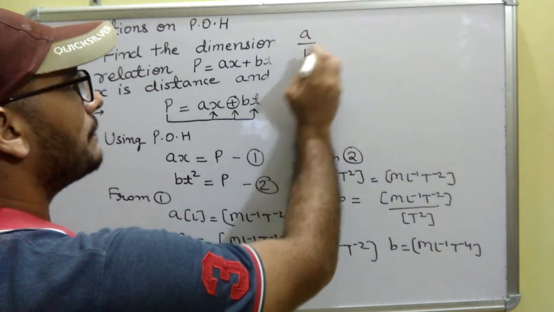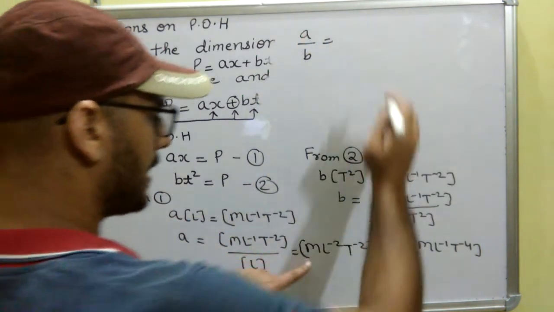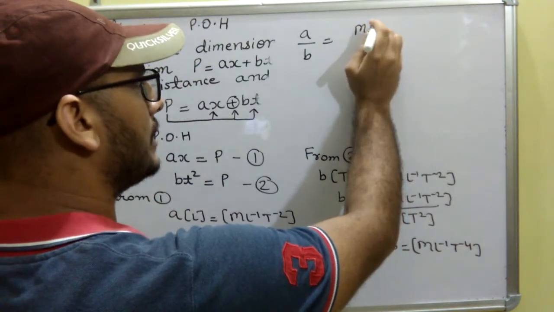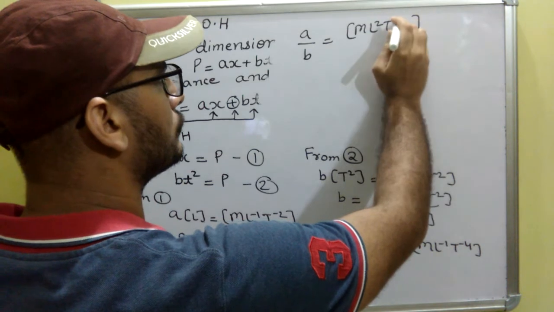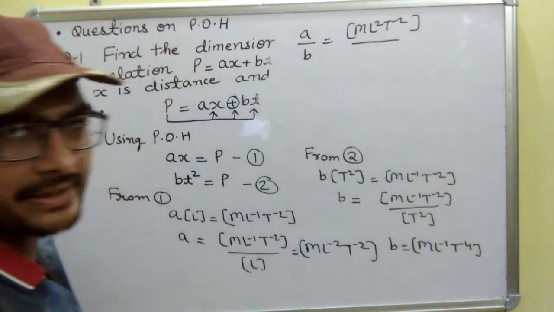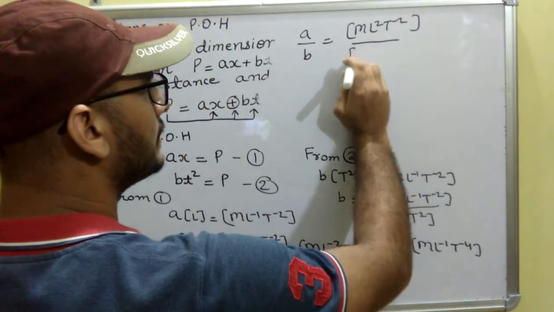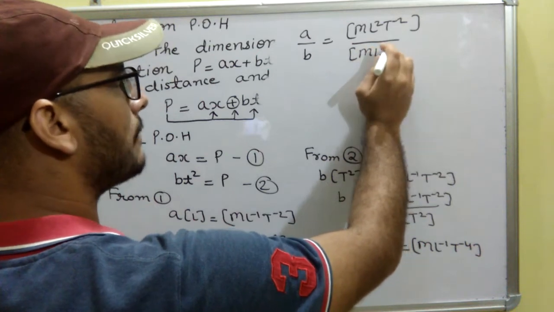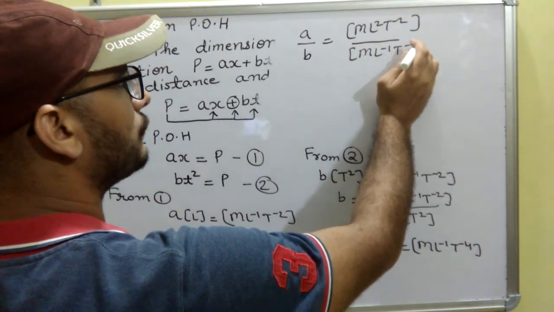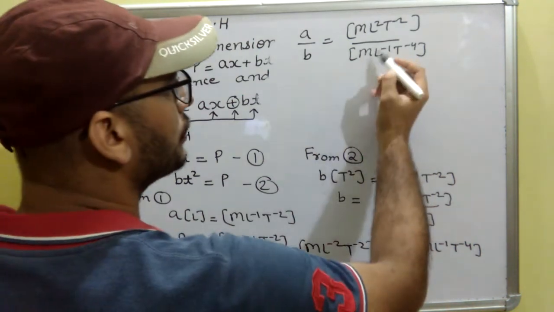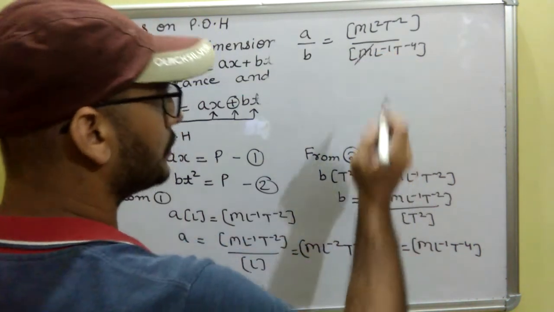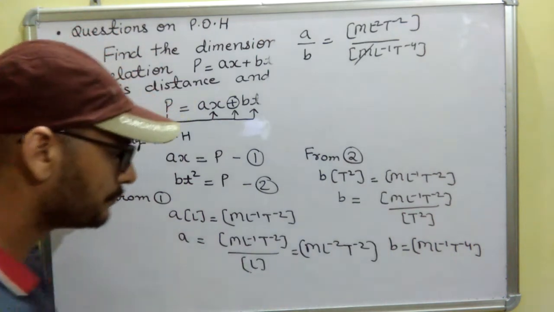So A divided by B: ML^-2 T^-2, and in the denominator you have B, that is ML^-1 T^-4. Now we are going to cancel the things. Sorry, this is ML^-2.